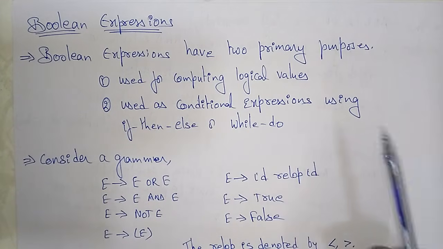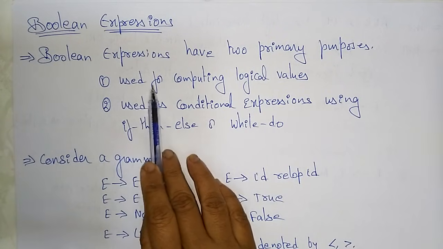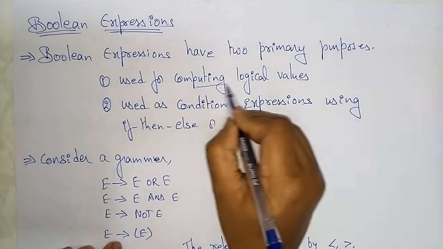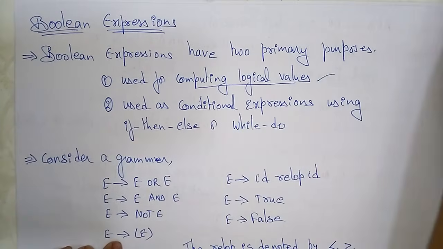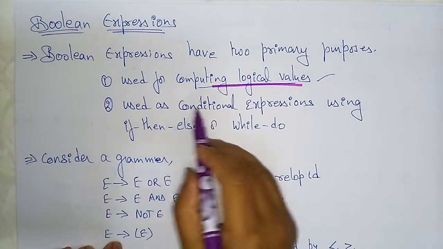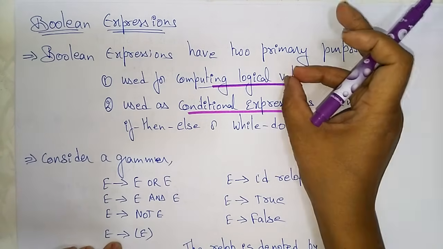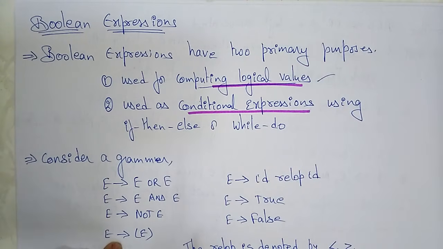One is computing logical values, and the next is use as conditional expressions like if, then, else, while, do, like that. One is the logical values and another is the conditional expressions.